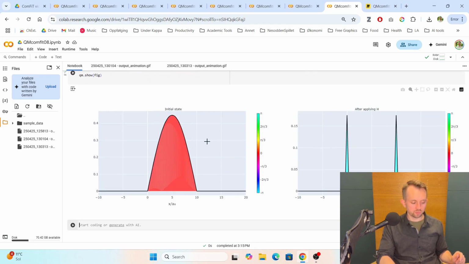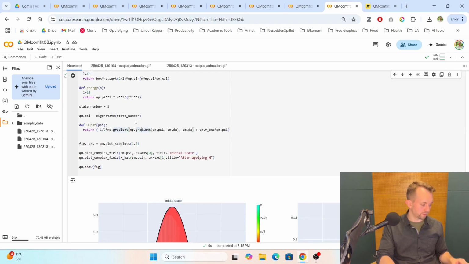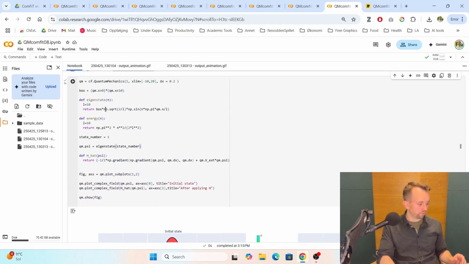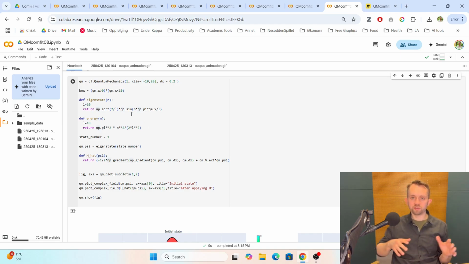So the way to get around that is, instead of creating the eigenstate and then multiplying by the box, we can just calculate the eigenstate as if it exists for the whole region, and then apply h to the whole wave function and only plot the region that we know we're interested in.